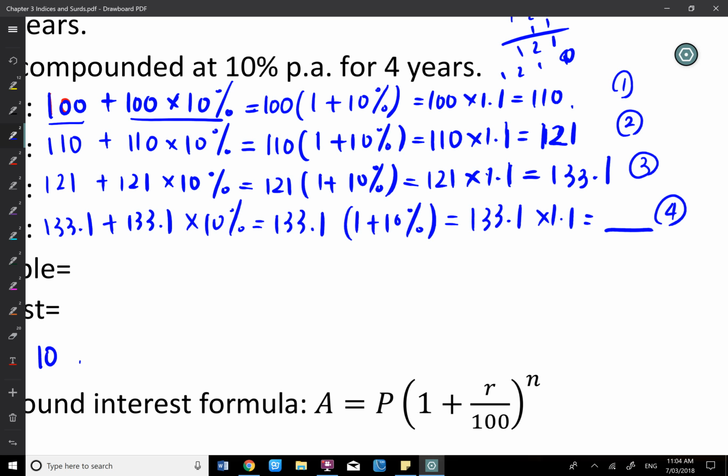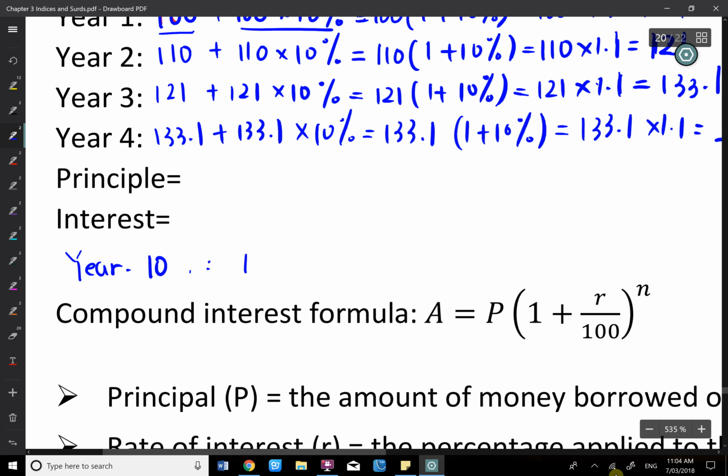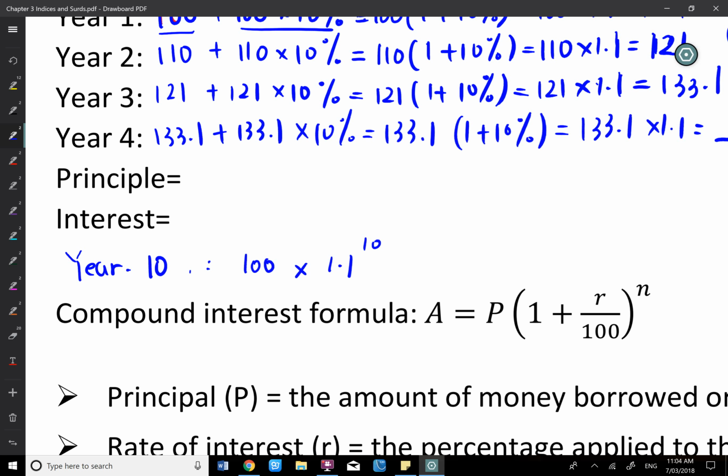Yes, it's 1.1 to the power of 10. So at the end of the 10th year, what I'll have is 100 times 1.1 to the power of 10. You just keep multiplying by 1.1, accumulating that, from the previous year to the previous year.